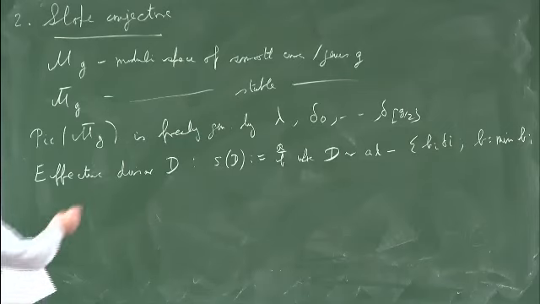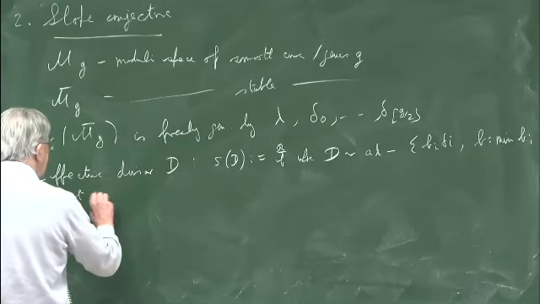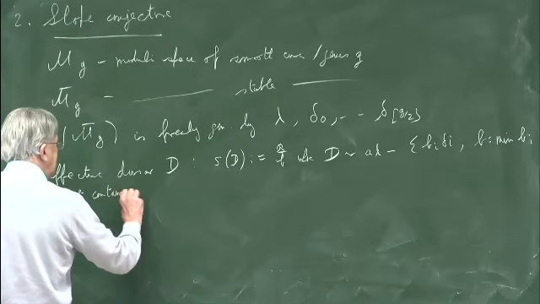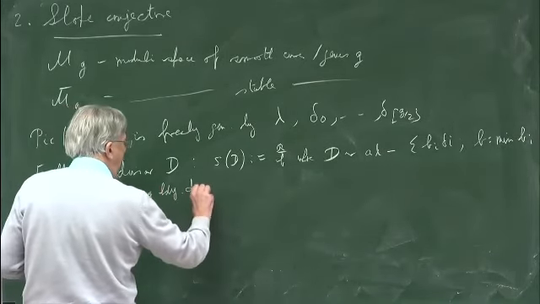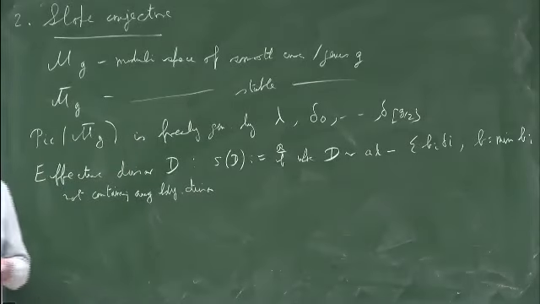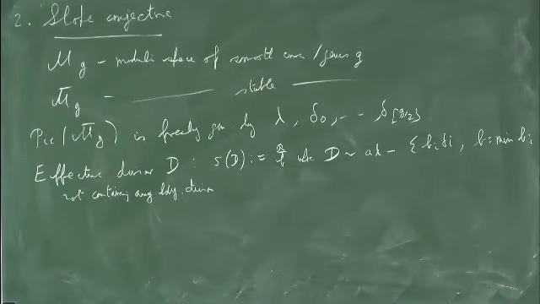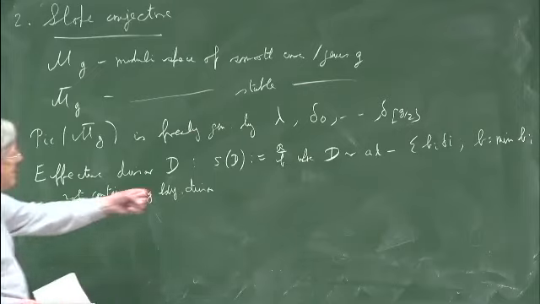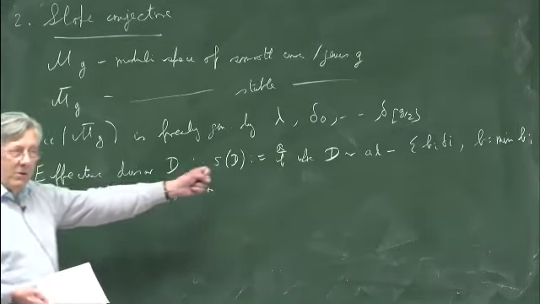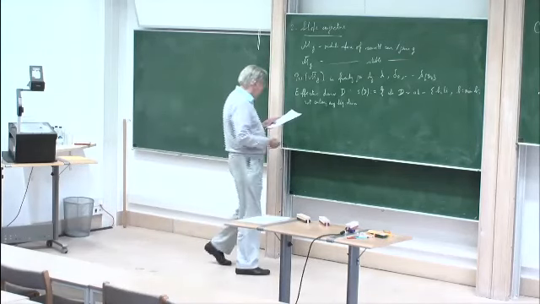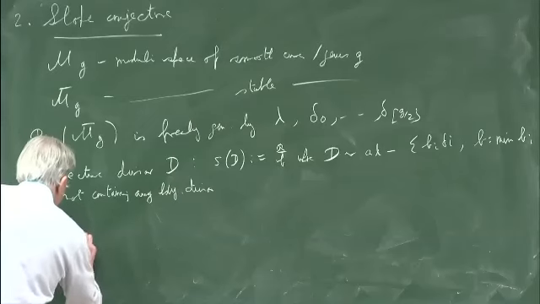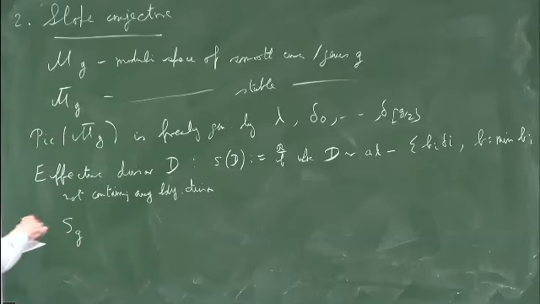And I should say the effective divisor D not containing any boundary divisor. Of course, the delta_i are effective, but I don't want those. I want other ones, and they have this form, and there is a minimum value, or at least an infimum, which is strictly bigger than 0. So that's defined. That's the slope, which we should call s_g.